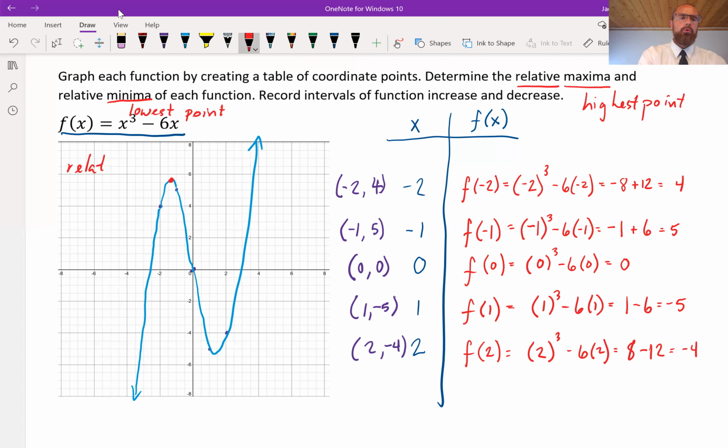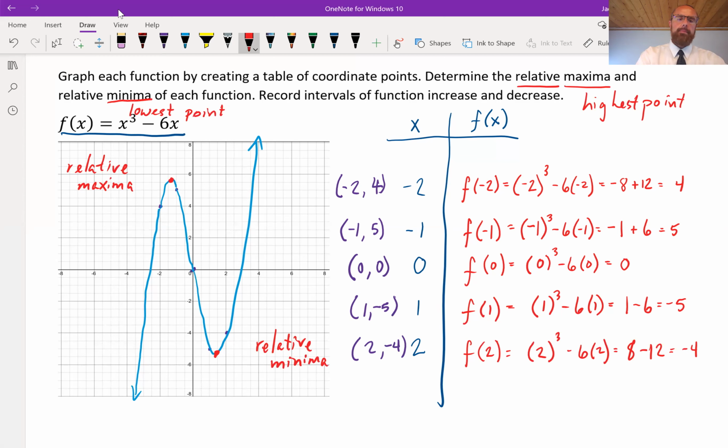Now, as I record this, see if you can predict, what do you think is the relative minima? What do you think is the lowest point on the graph? Definitely, that lower trough, that valley there in quadrant 4, we would identify as the relative minima.